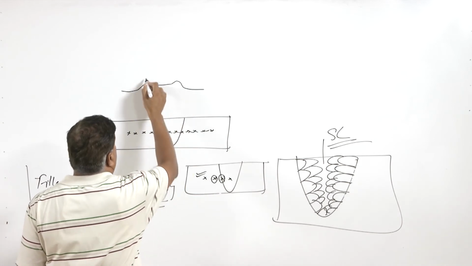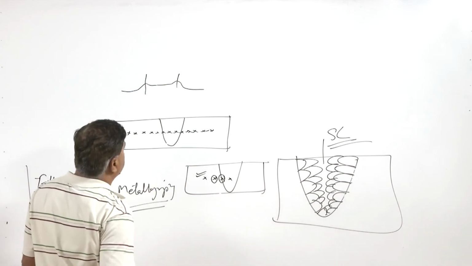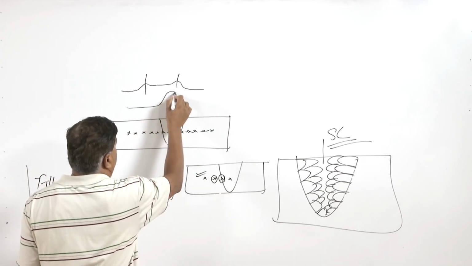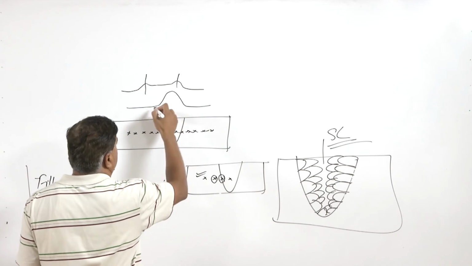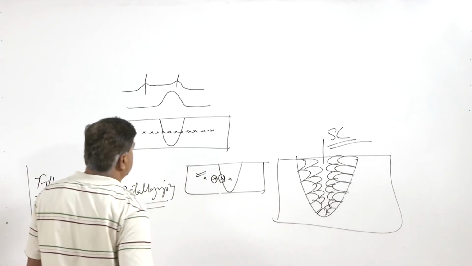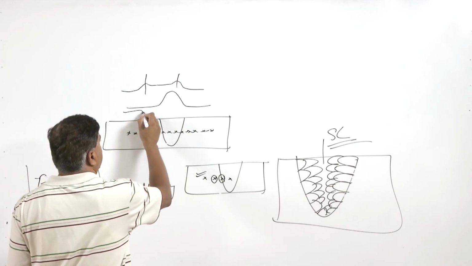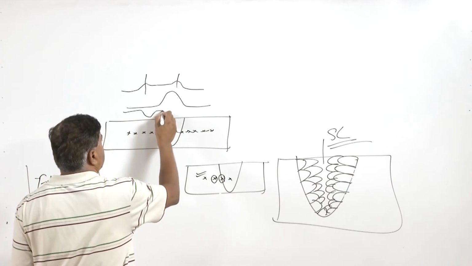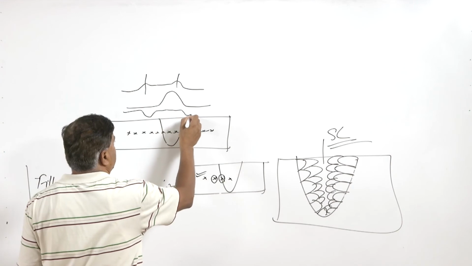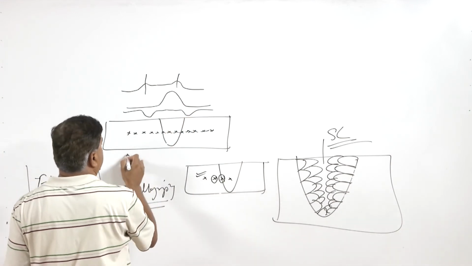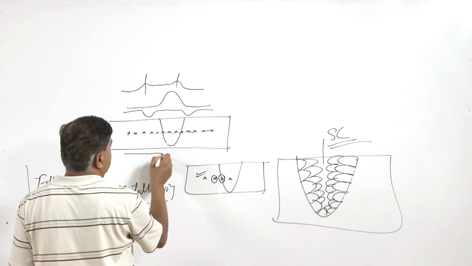where hardening of the heat affected zone is taking place. We may have a distribution of hardness like this, where the weld is harder, while there is no major change in the hardness of the heat affected zone. There may also be a possibility where softening of the heat affected zone is taking place, on both sides in this manner, and sometimes even softening of the weld metal is observed.